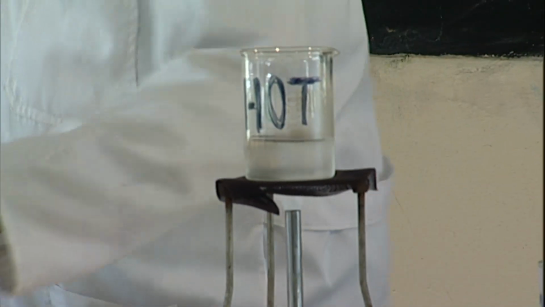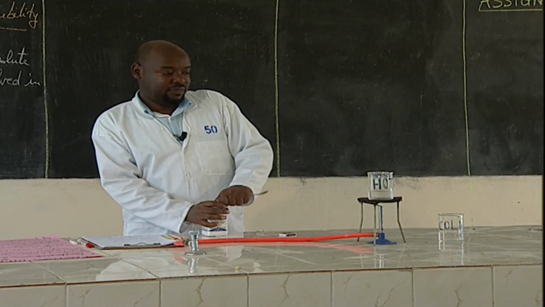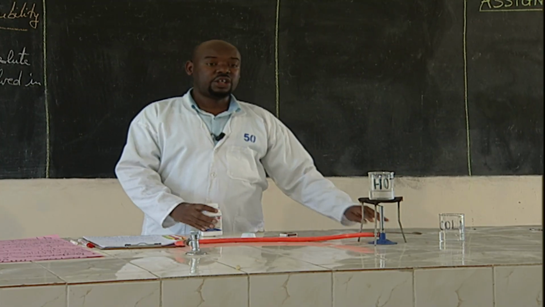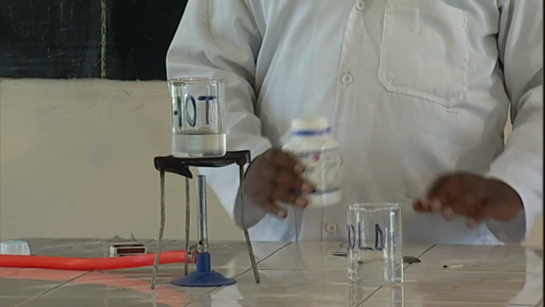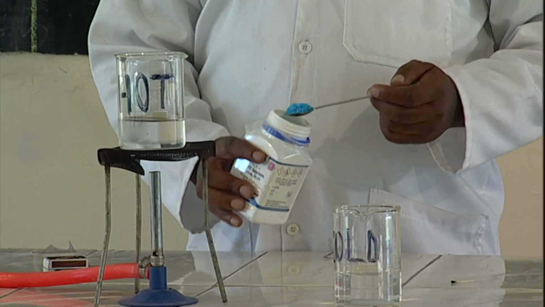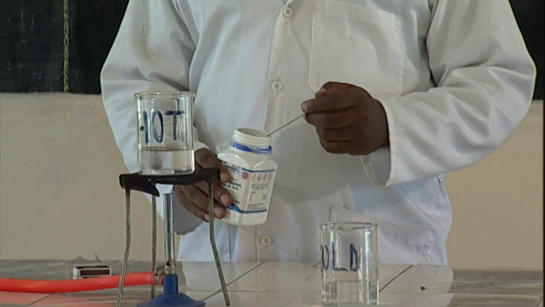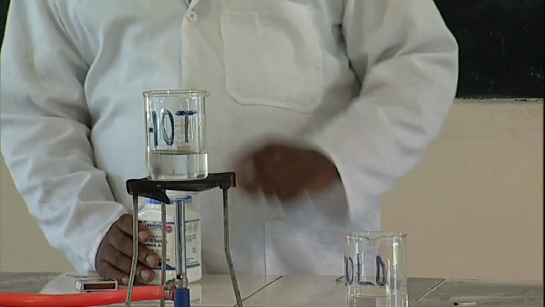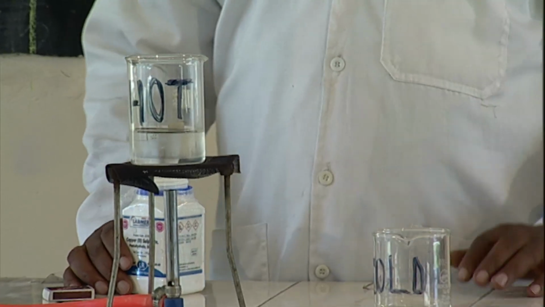And here also we have the solute we are going to use. So for our solutions, we are going to prepare the cold and the hot solution. We will use water as the solvent and copper sulfate as the solute. This is copper sulfate. You remember its color. It's blue. Now let us see what happens if we add some solute to both cold and hot water.